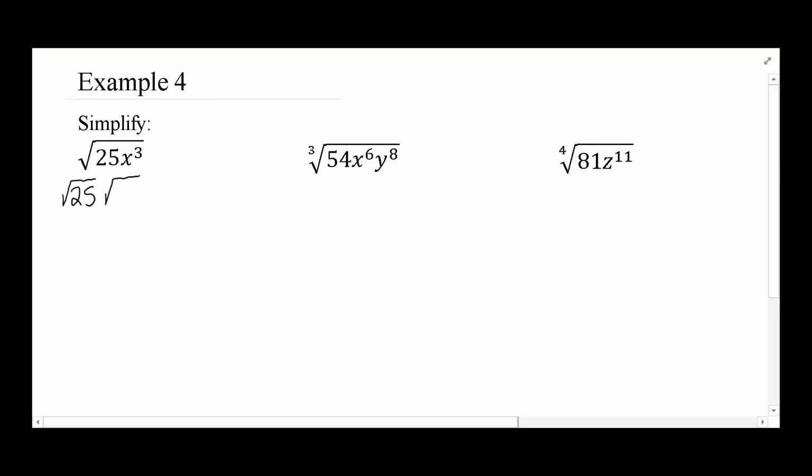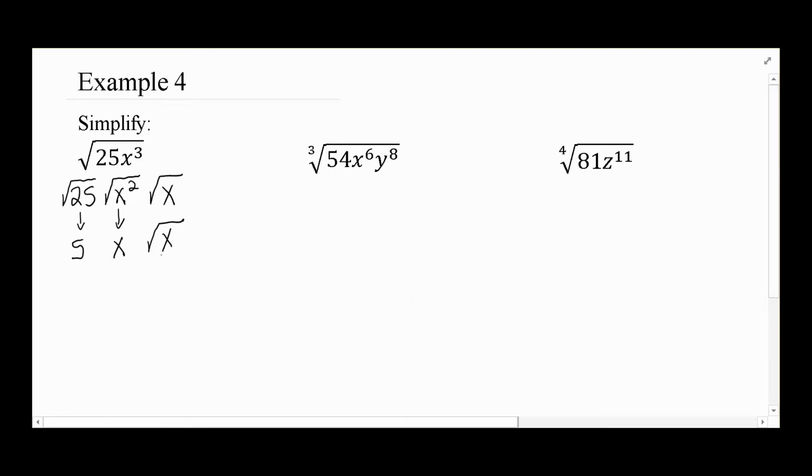So I'm going to break it up as x squared and x. That would get me x cubed, and I've broken it up as x squared and x. Now is the take the radical step. The square root of 25 is 5. The square root of x squared is x.